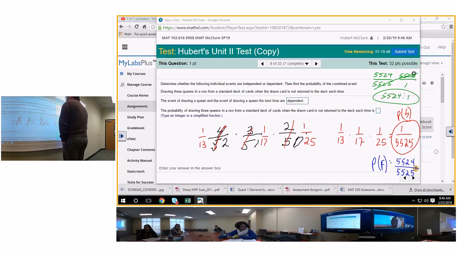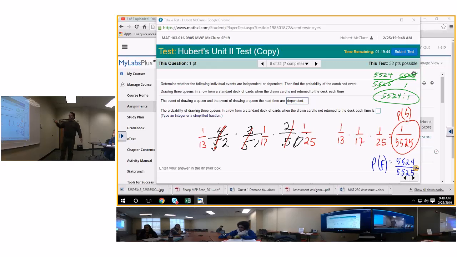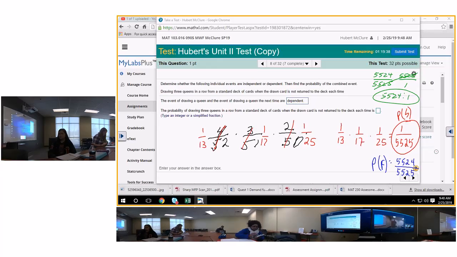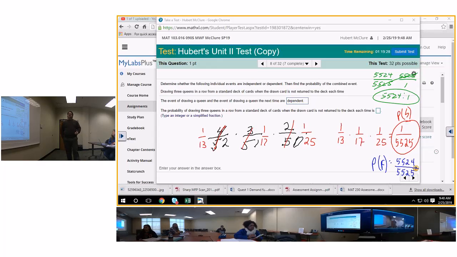So let's say you put a $500 bet. Multiply 500 times 5524. What do you get? You wouldn't have to work for a few years, would you?